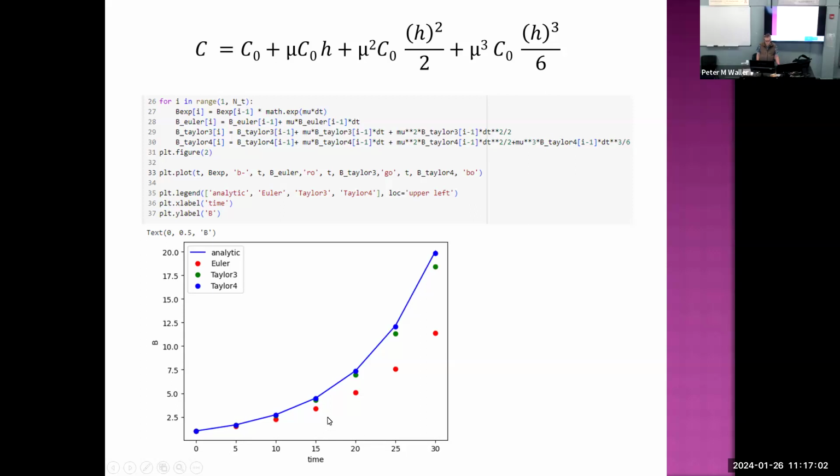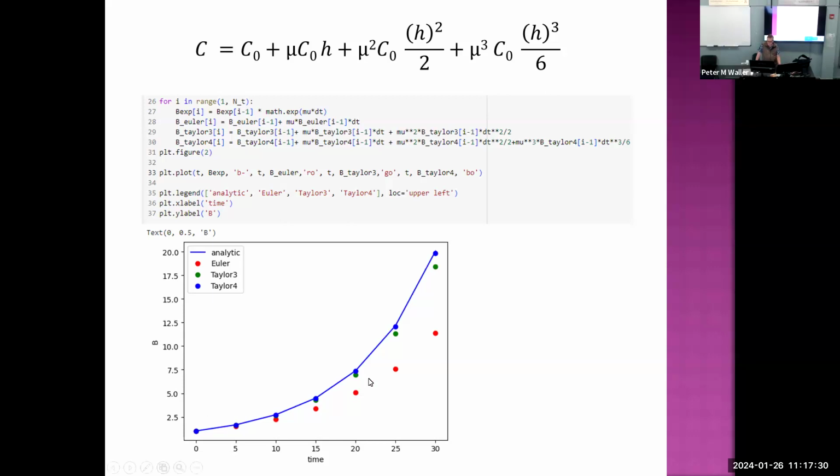And so what you can see is similar to the graph I showed you before. We have the Euler method here. It's not very accurate at this 5-minute time step. Remember, I had mu as 0.1 before in that other graph, but I had like 1 or 2-minute time steps. So the Euler was close to the actual solution, and I'll show you why.